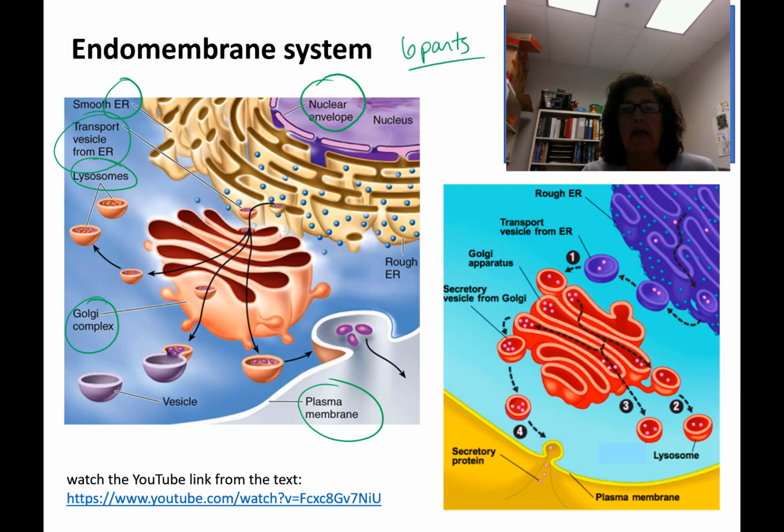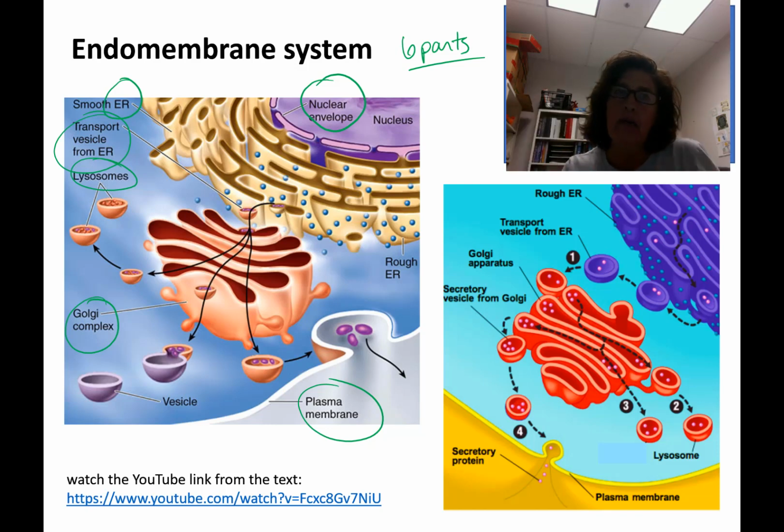And this is the figure I just showed you earlier. This system works to make, modify, sort, distribute all of our proteins and lipids. So it works together to create all these molecules that we need in our cells. So that is the endomembrane system.